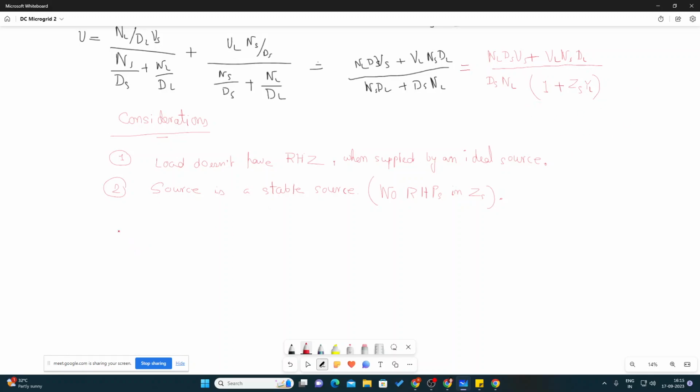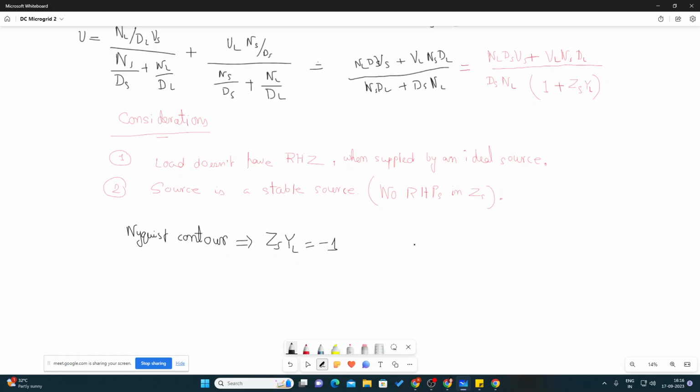So if we consider the Nyquist contour for ZS YL equals -1, we can determine the stability of the system in terms of Middlebrook's criterion.